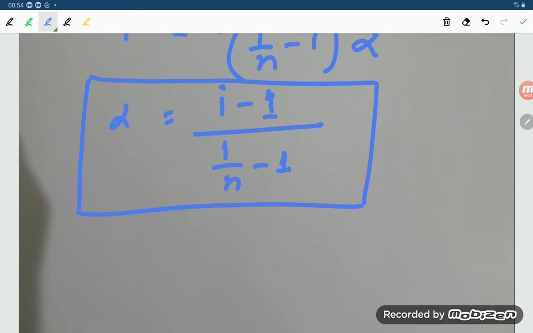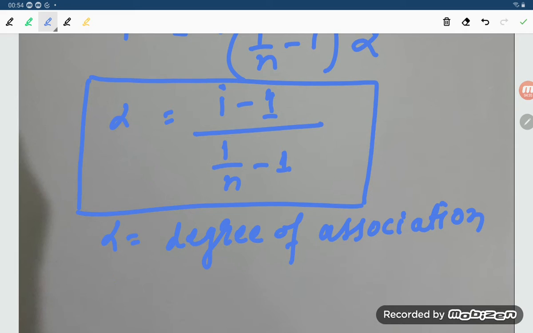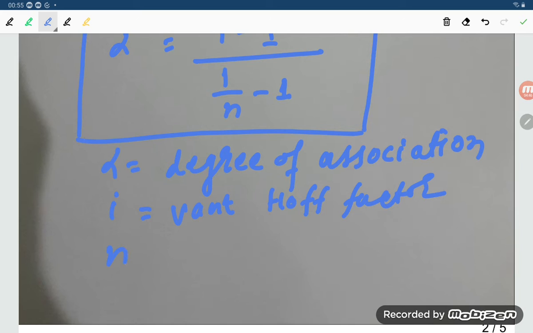In this formula, alpha is the degree of association, I is the van't Hoff factor, and n is the number of particles in the solution.